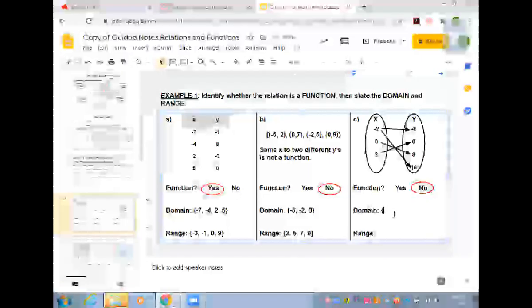Okay, we can still list out our domains. All right, a mapping makes it really easy for us because they already separate them. So my domain, or my X's, are -2, 0, and 2. And my range, -8, 0, 8, and 16.